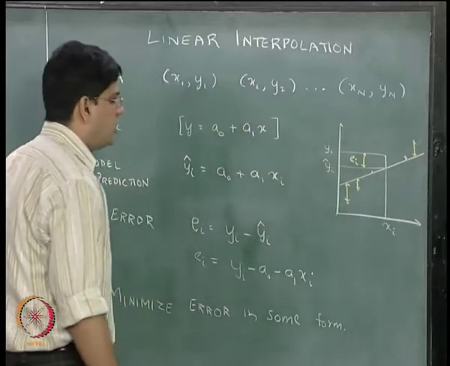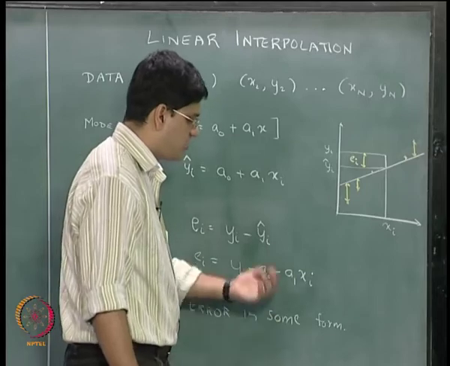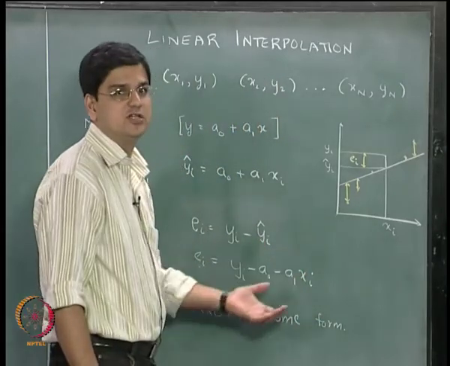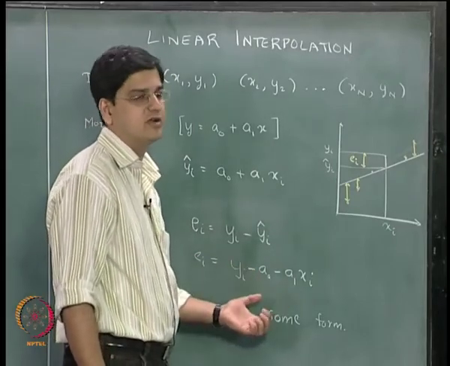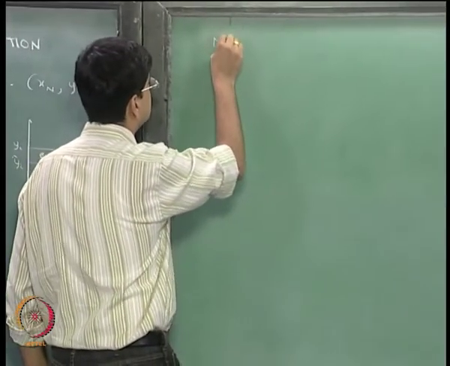And the way we have learnt so far, the thing that works the best with respect to minimization essentially is to minimize the square of error.